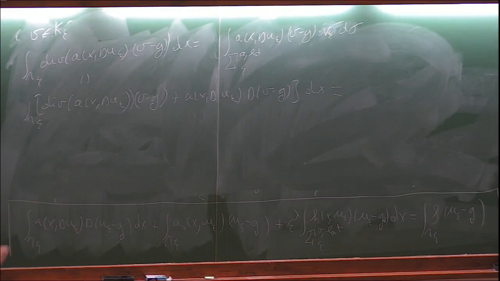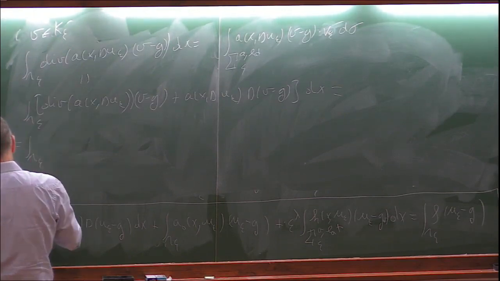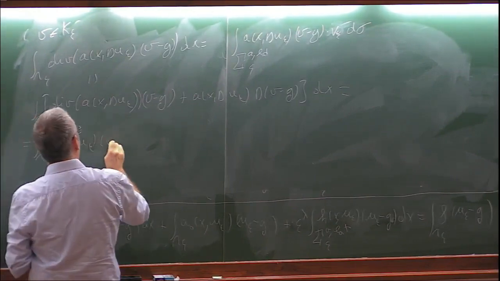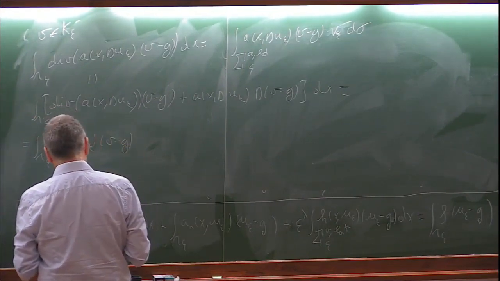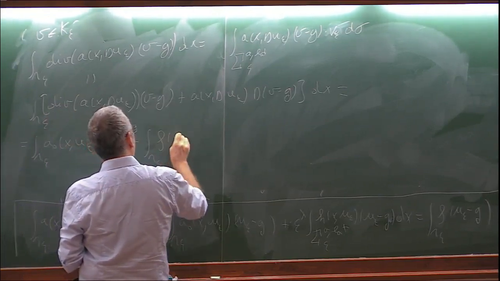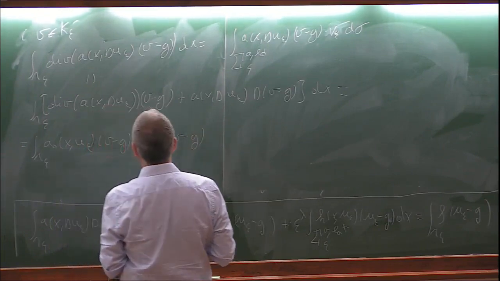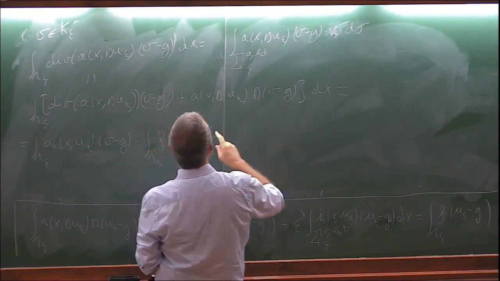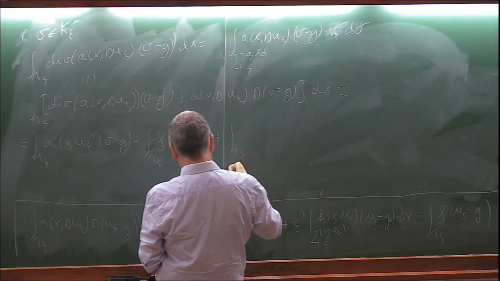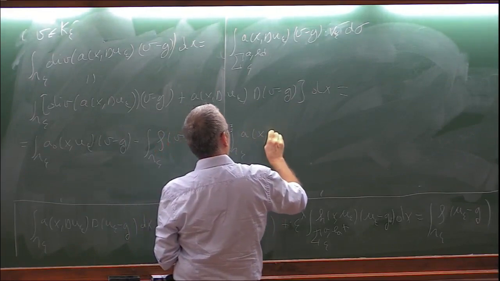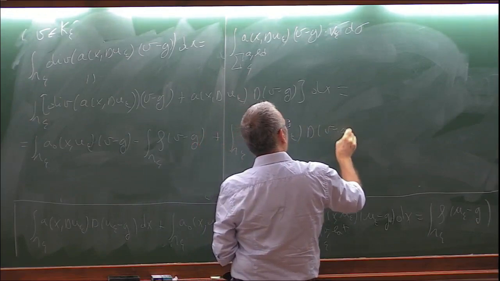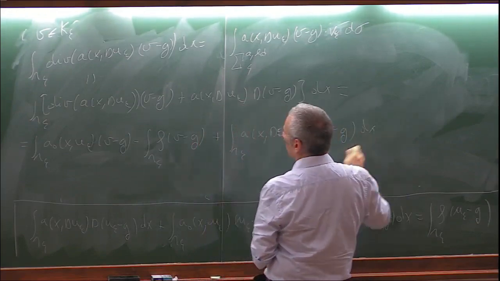Then it is equal to the integral on omega epsilon of h0 dx u epsilon times (v minus g), minus the integral on omega epsilon of f times (v minus g), plus the last term, the integral on omega epsilon of A of x gradient of u epsilon times gradient of (v minus g) dx.